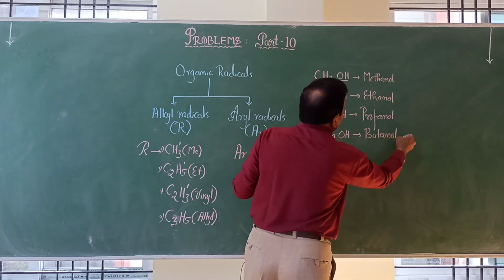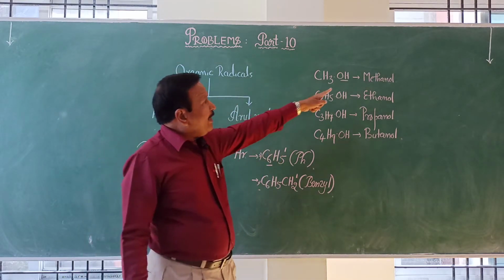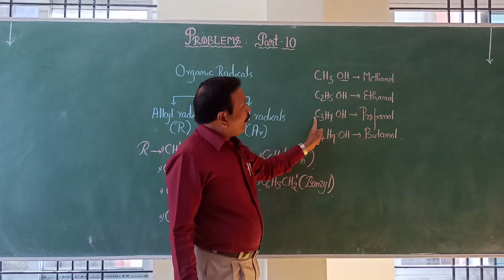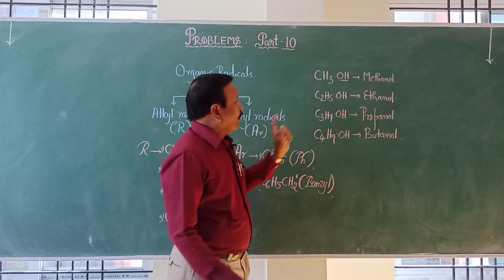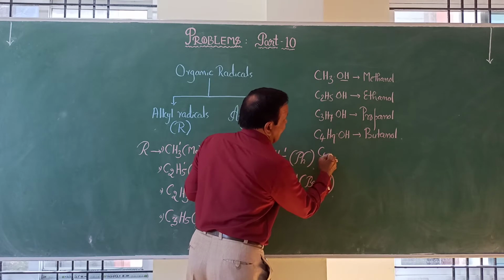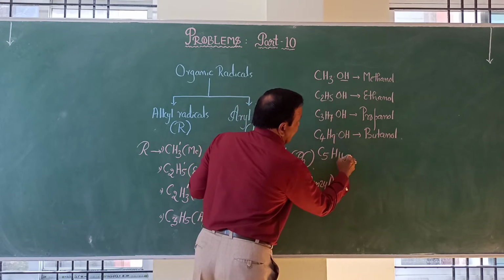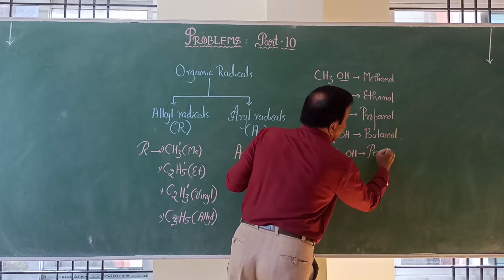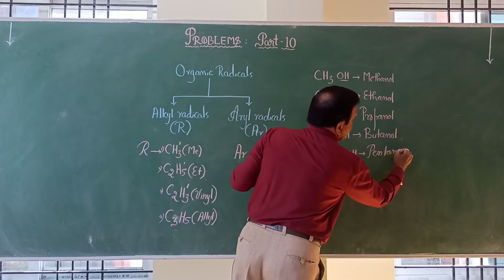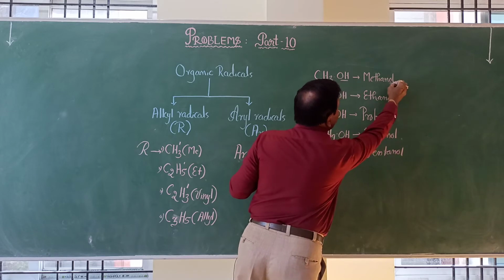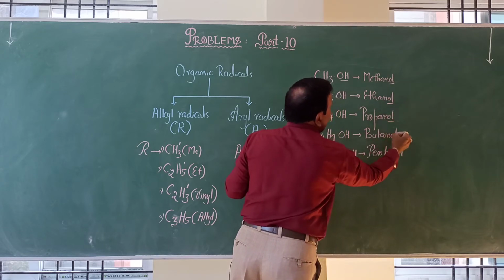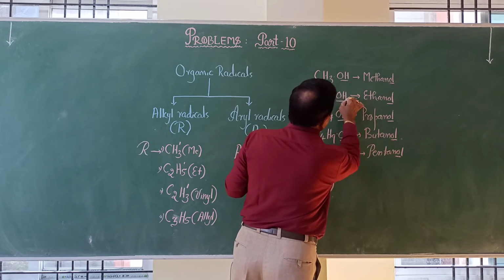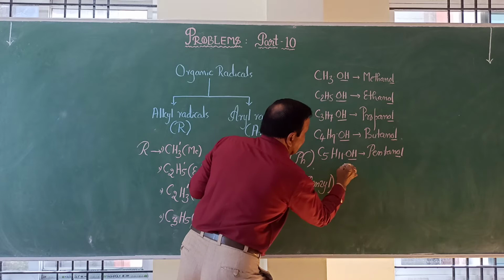If you don't want IUPAC naming: methyl alcohol, ethyl alcohol, propyl alcohol, butyl alcohol, and pentyl alcohol. So we get here pentanol. So in IUPAC, OL means your OH group, and this continues.